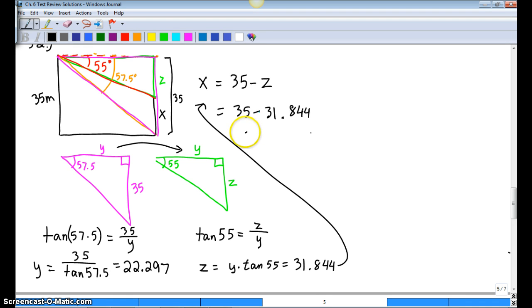And I get 3.156 meters. So that is your distance. I think the textbook has a bit of a rounding difference, but just over 3 meters is the height of your street light.